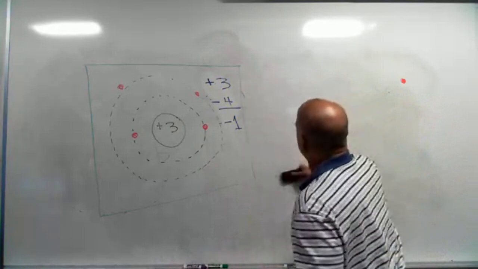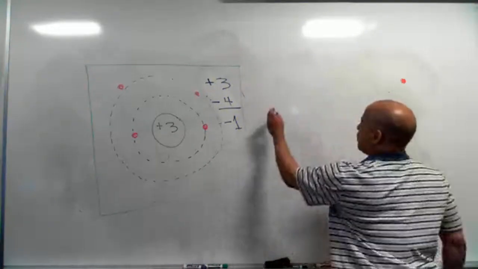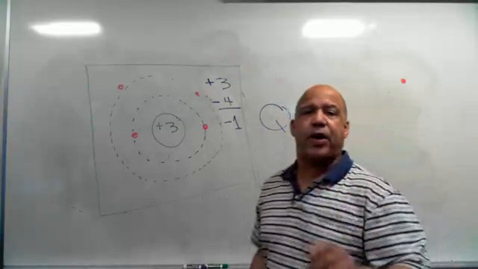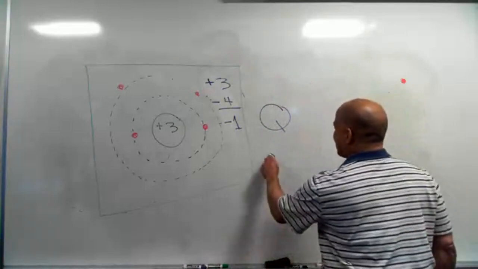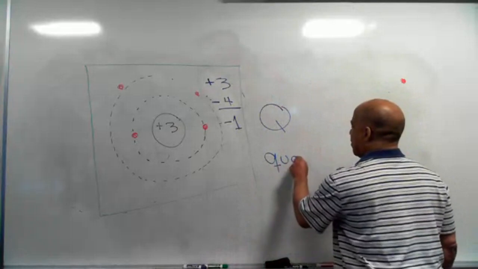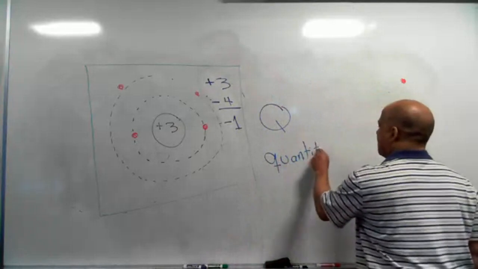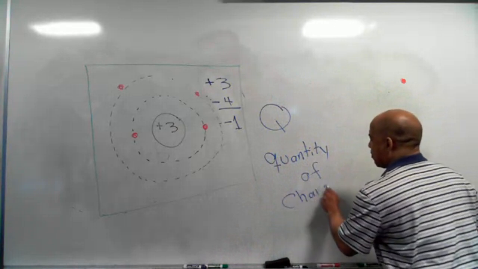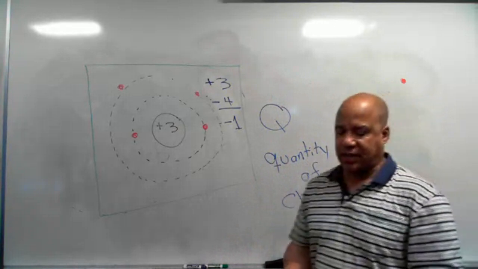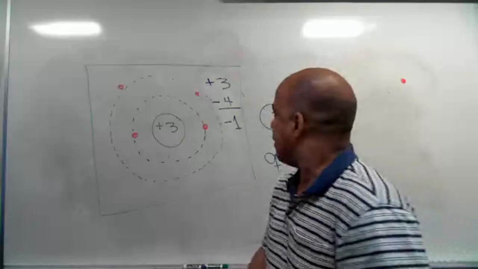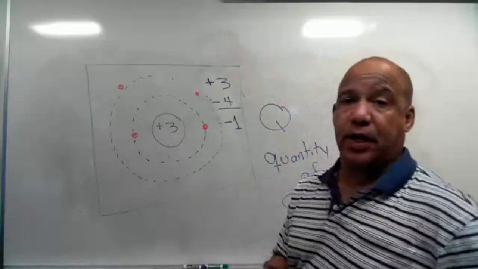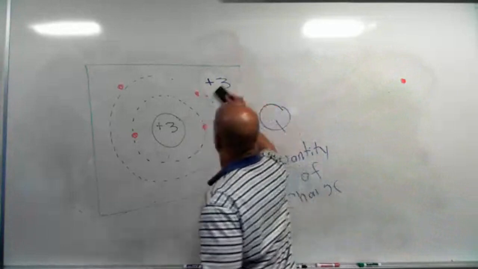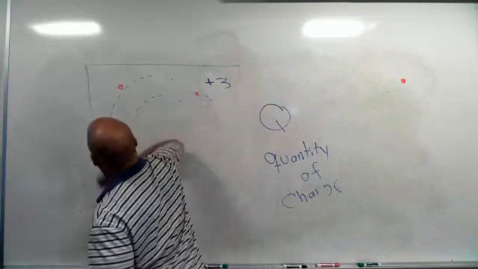So we give it a symbol, Q. And Q stands for quantity of charge. Now, please don't just listen to me. Write this down. If I'm telling you to write it down, that means you're going to use it at certain points. Q stands for quantity of charge.